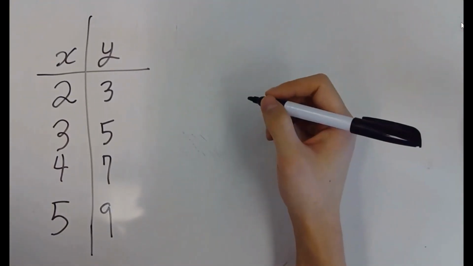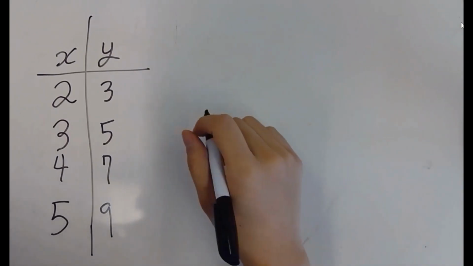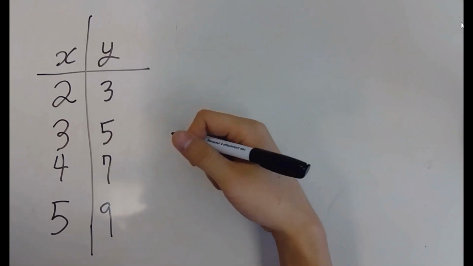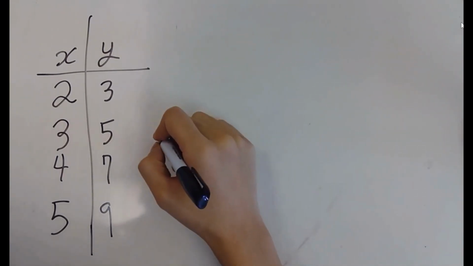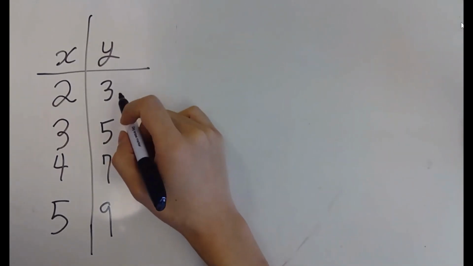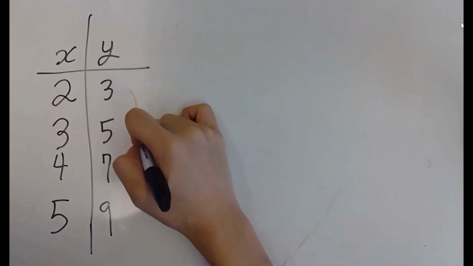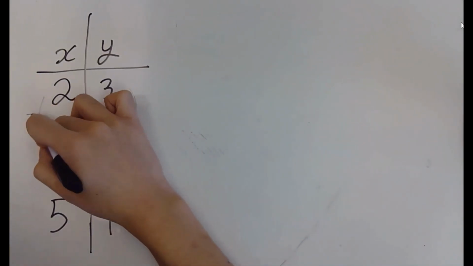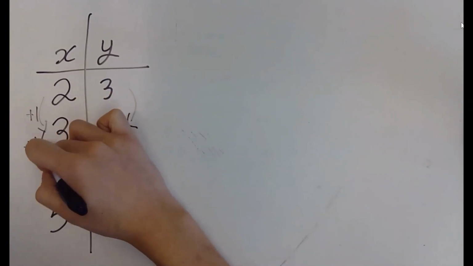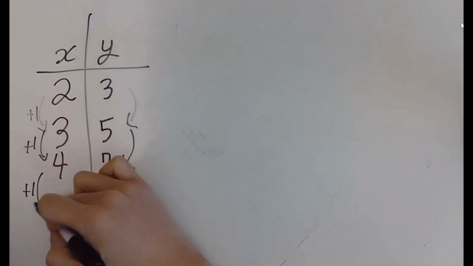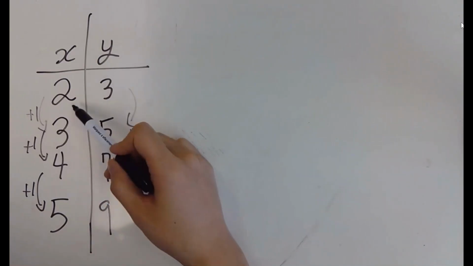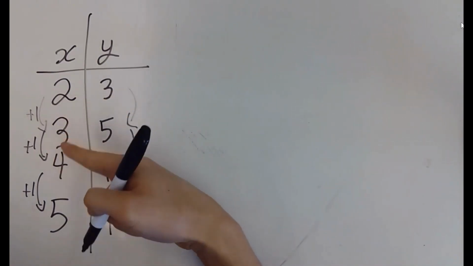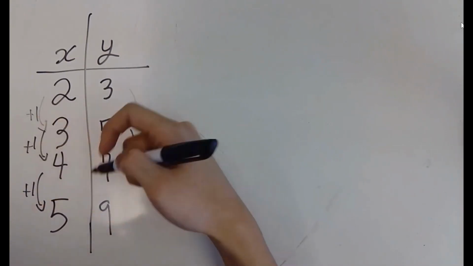Now, let's try one more example. The first thing to figuring out the corresponding equation for the given table is to figure out how much y is increasing by each time when x is increasing by 1. One thing you have to be careful about is to make sure that x is increasing by 1. Over here, the given x values are increasing by 1, so we don't have to worry about that.